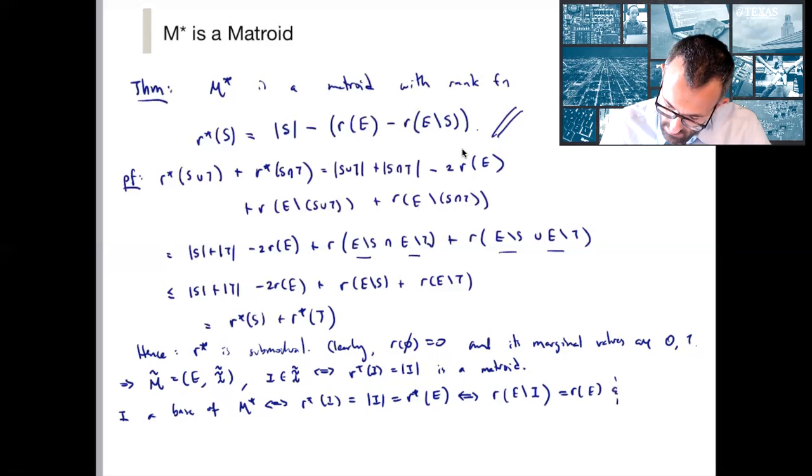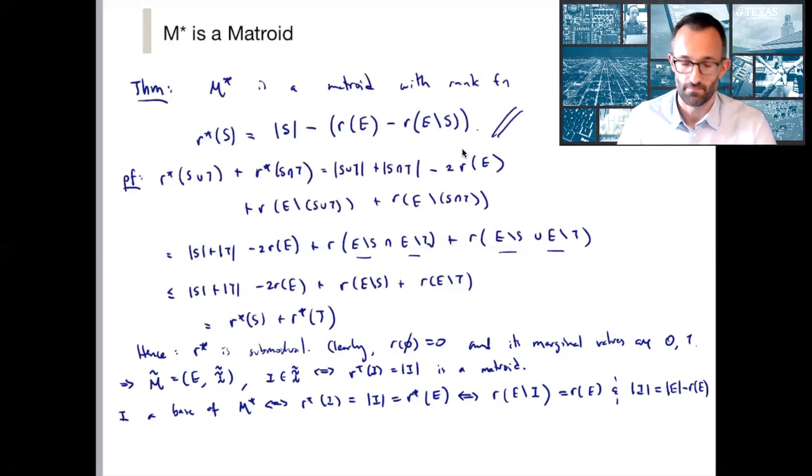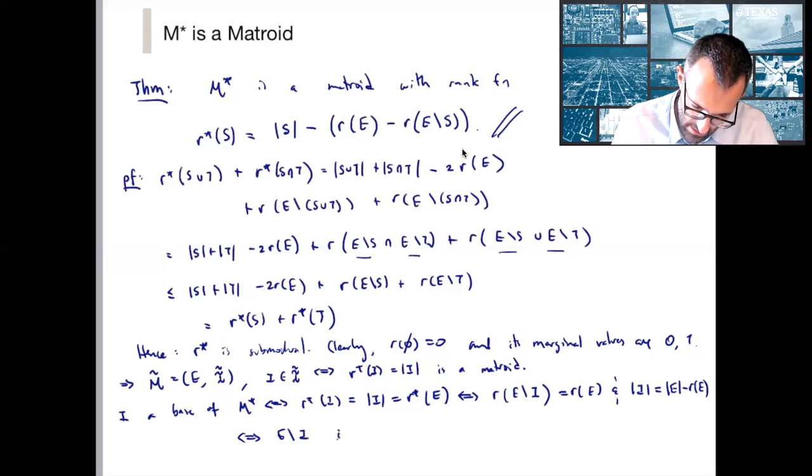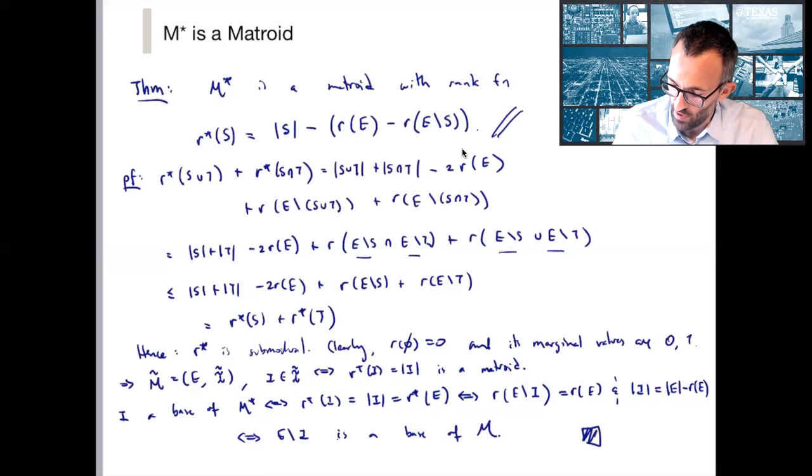And the cardinality of I is equal to the cardinality of E minus r of E, which is equivalent to saying that E minus I is a base of M. And therefore, we've shown that it has the right bases, and therefore this is exactly the polytope that we wanted to characterize.